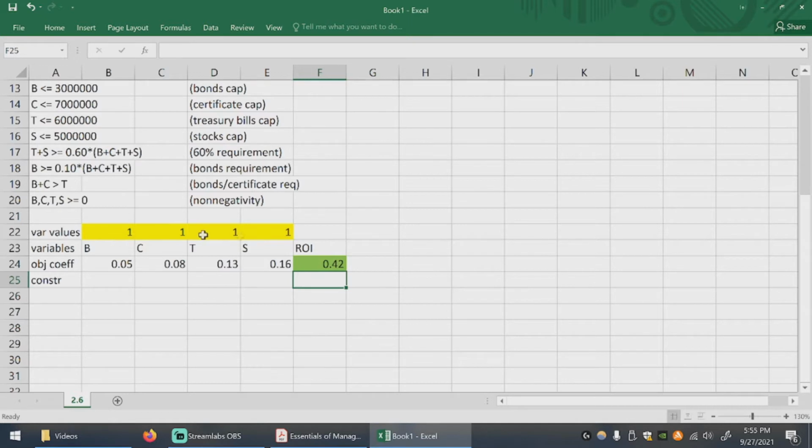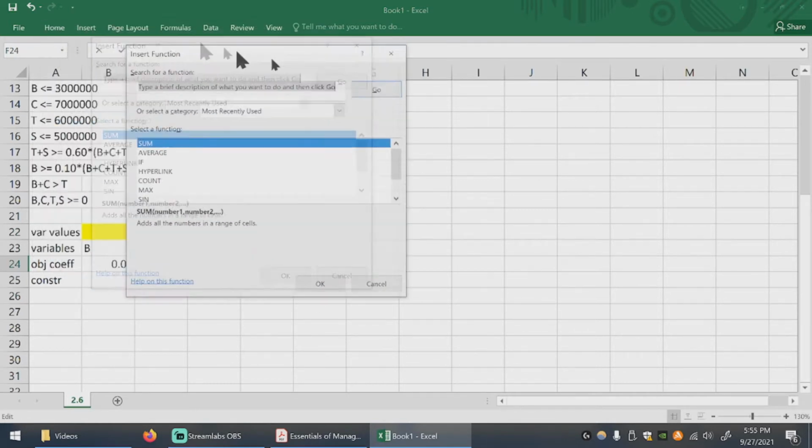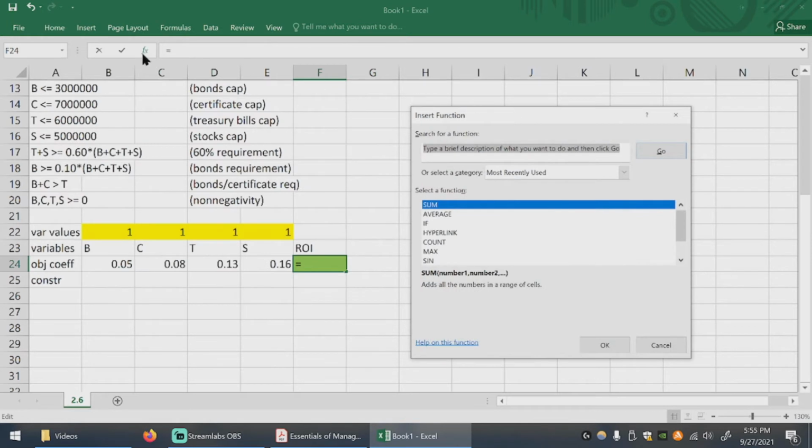I put numbers here because if you didn't put numbers there, you can't verify that your Excel formula works. Let's suppose we didn't do that. What else can we do? Excel has a very nice function builder, formula builder. I click on this little FX. I can search. I want to search SUMPRODUCT. Go.